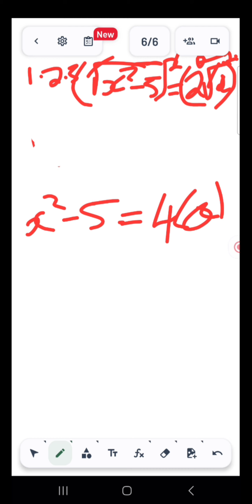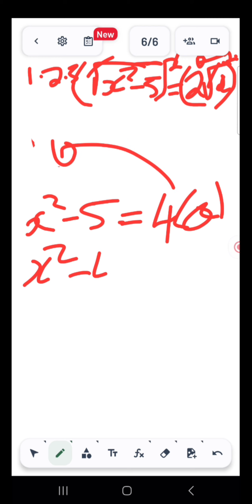So our final equation is x squared. We are putting it in standard form. We take the 4x to this side and it becomes negative 4x minus 5, which equals 0.